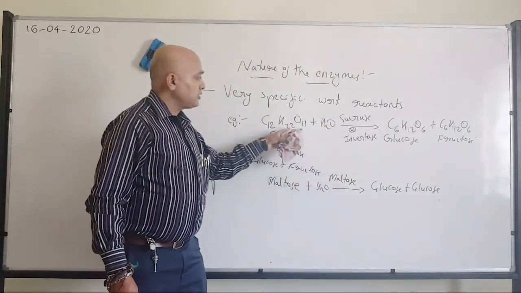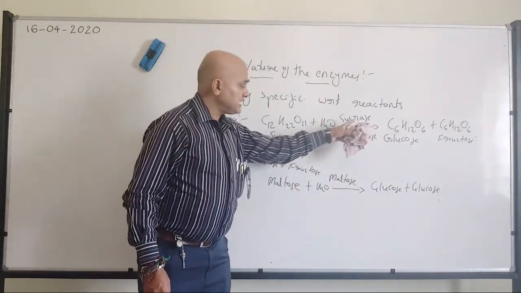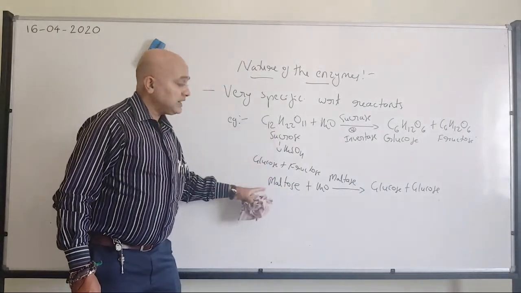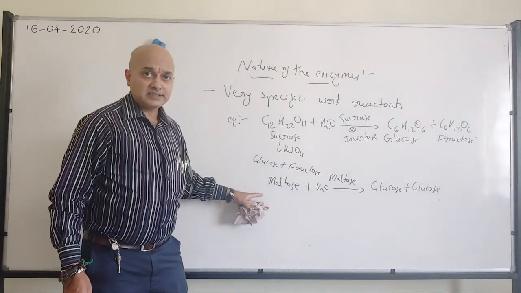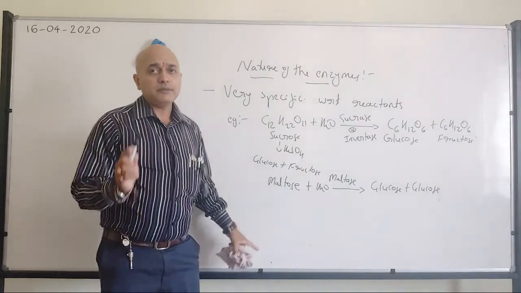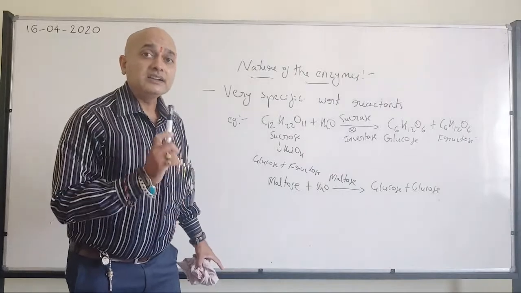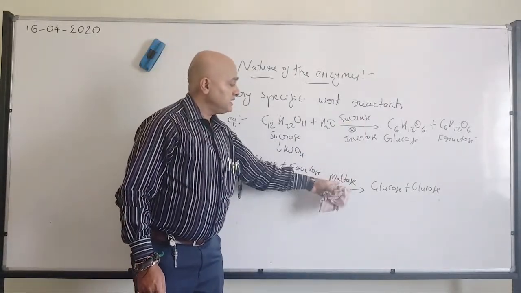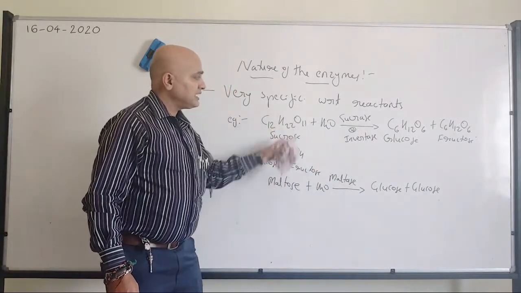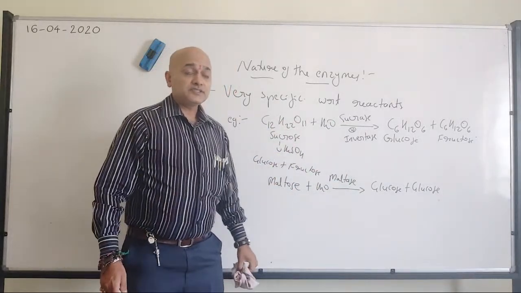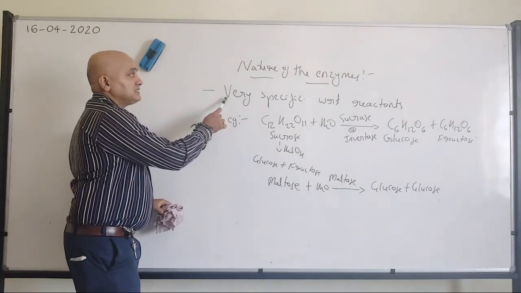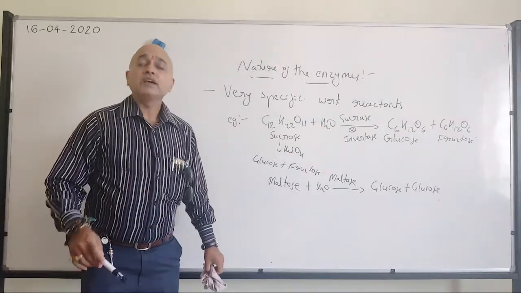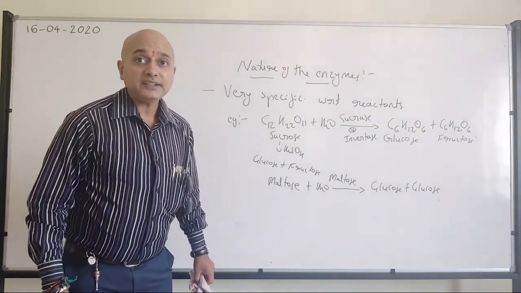Maltase cannot act on sucrose, and sucrase cannot act on maltose. Although sucrose and maltose are disaccharides and similar molecules, I am not telling they are the same, still these enzymes will discriminate between these two reactants. Therefore, I have given this statement that enzymes are very specific with respect to reaction or with respect to reactants.